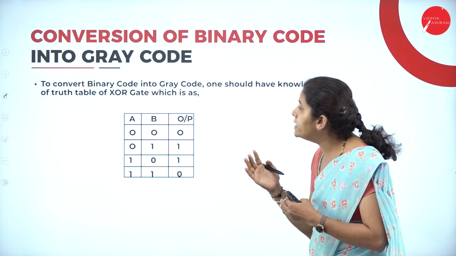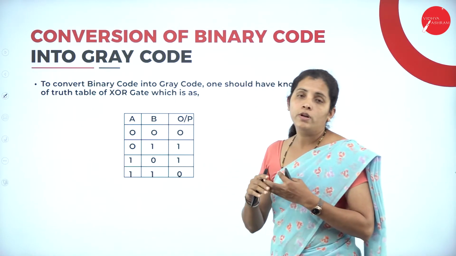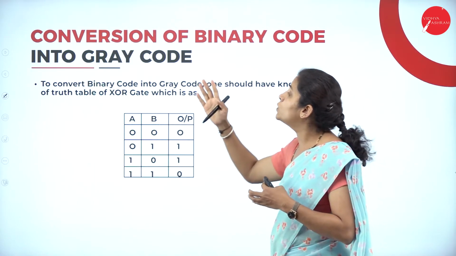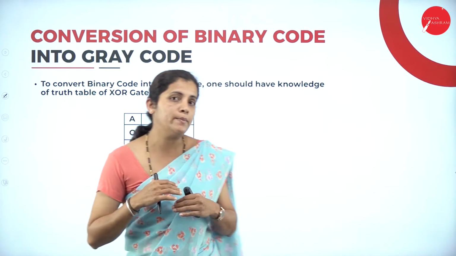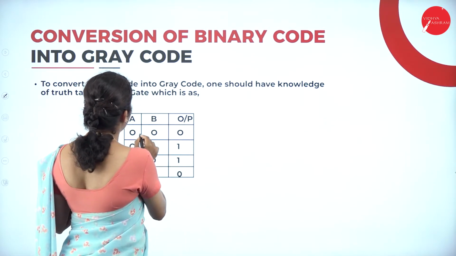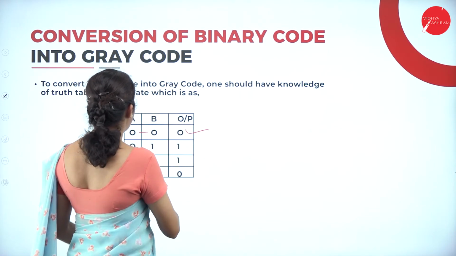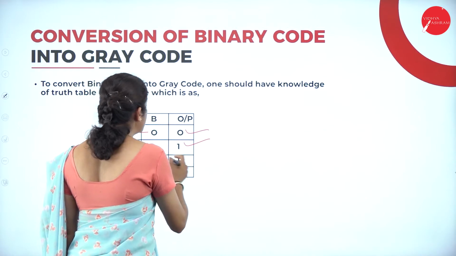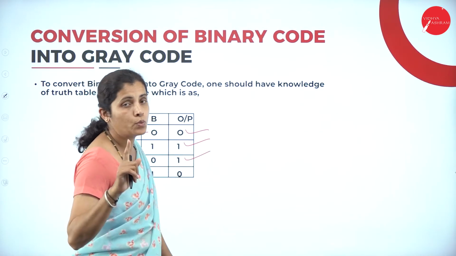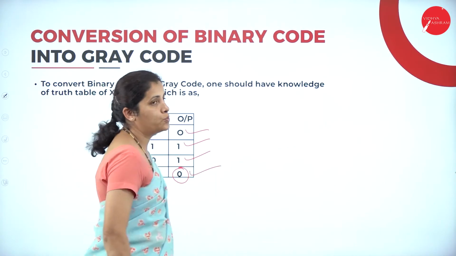Dear student, to perform binary code to gray code conversion, you must know the truth table of the XOR gate. So what is the truth table for the XOR gate? For 0, 0, the output is 0. For 0, 1, the output is 1. For 1, 0, the output is 1. And for 1, 1, the output is 0.